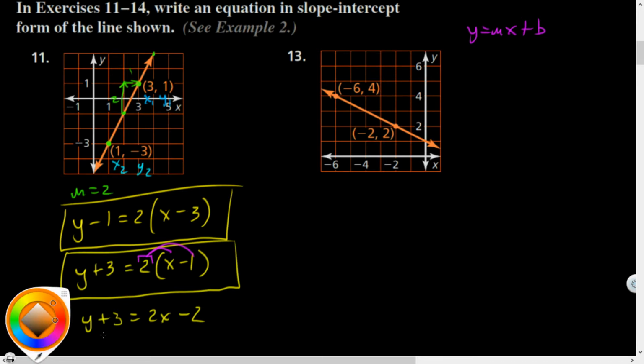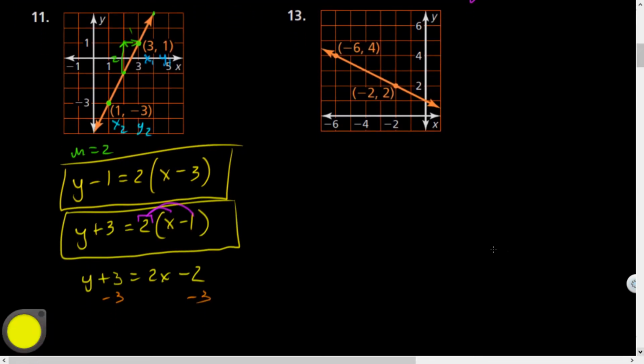And then I would subtract 3 from both sides. And slope-intercept form will only have one way of writing it. So that is a benefit, I guess, of slope-intercept form: if you're checking your answer, everyone knows whether they're right or wrong because there's only one way to represent that answer.